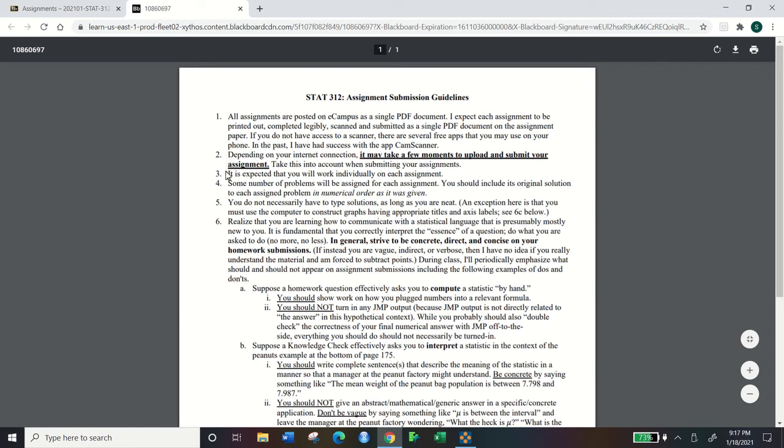Parts 2 and 3 under assignment submissions I've already gone through before. For 4, it says, please do your homework in the correct order as it is given in the assignment. I do not want to have to hunt for your work. You do not have to necessarily type your solutions, but please be neat.